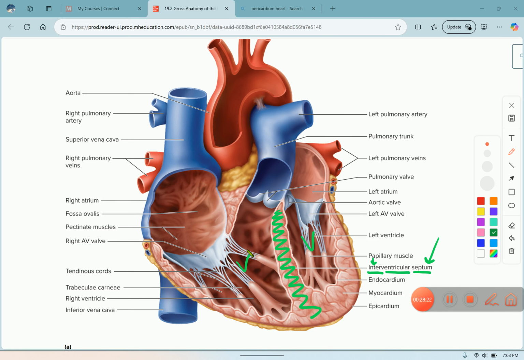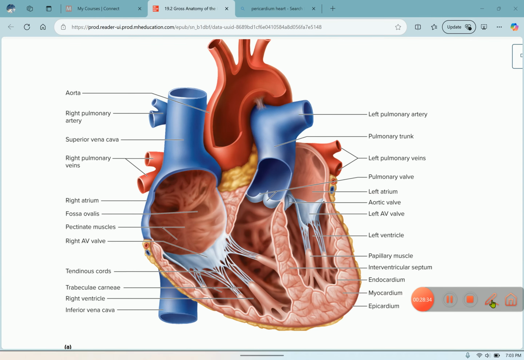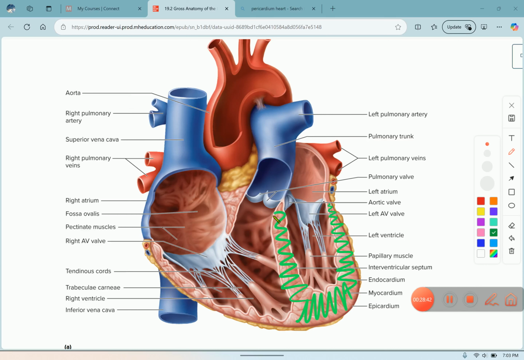It is made of myocardial tissue, which means heart muscle. So there's your myocardium. I'm going to highlight the myocardium. So it's essentially all of this, all of that.